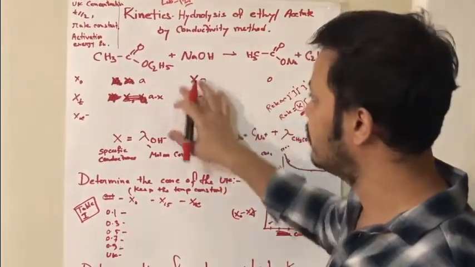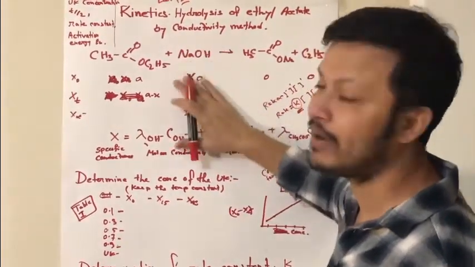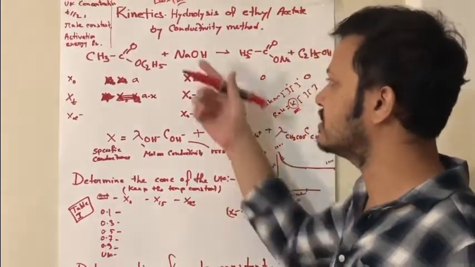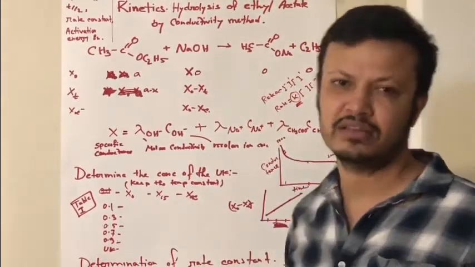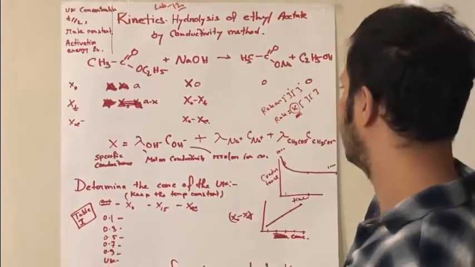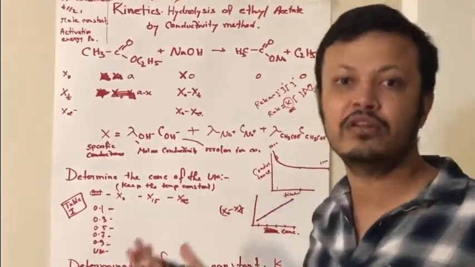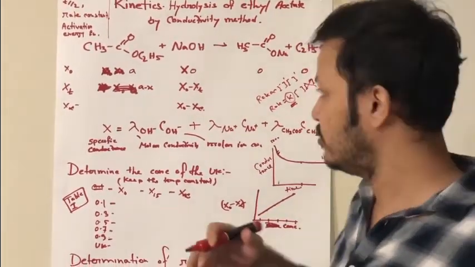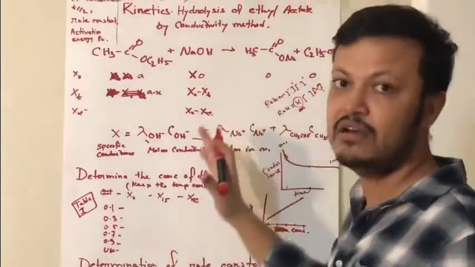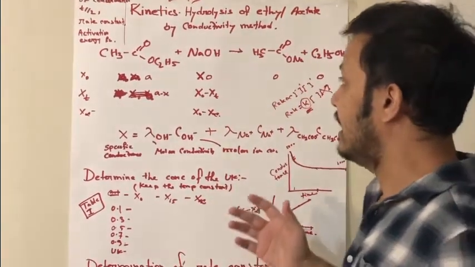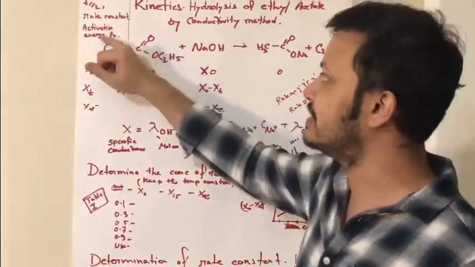In our lab, we will add sodium hydroxide in very excess amount, so that the change of its concentration will be insignificant. If the change of the concentration of one is insignificant, then it will be a first order reaction. So we will convert the second order reaction to a first order reaction for this. And we will also find out the activation energy.